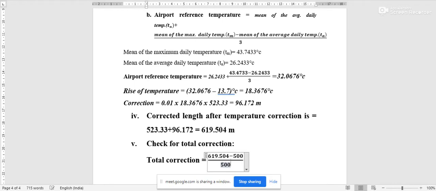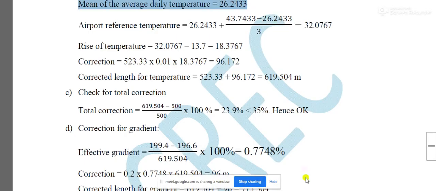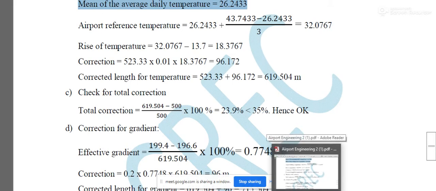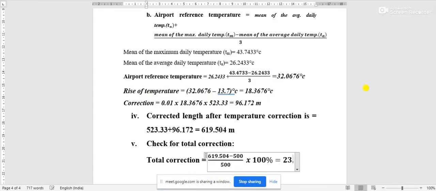That is, sorry, this one is multiplied by 100%, and that is equals to, you may do the calculation, 23.9%, and that is less than 35%.